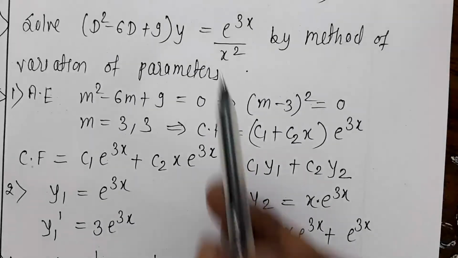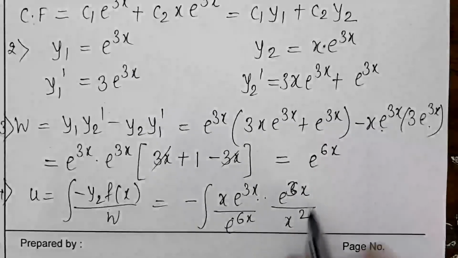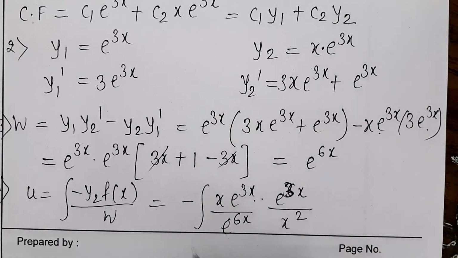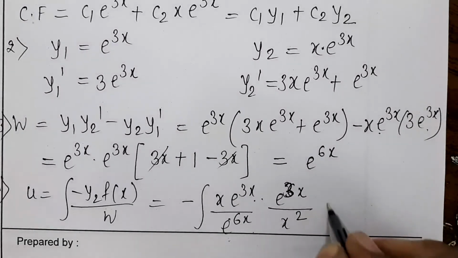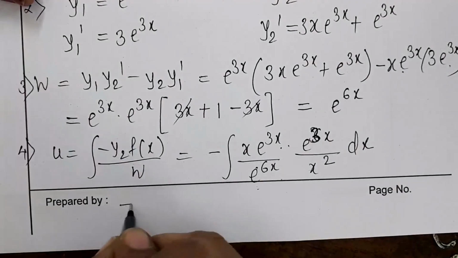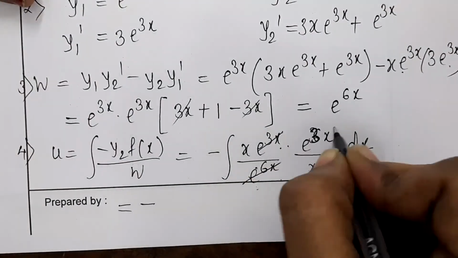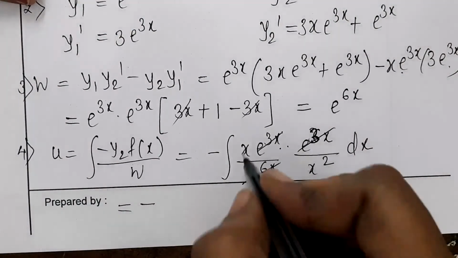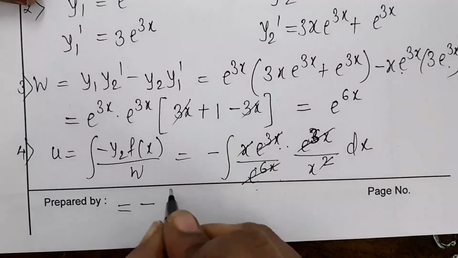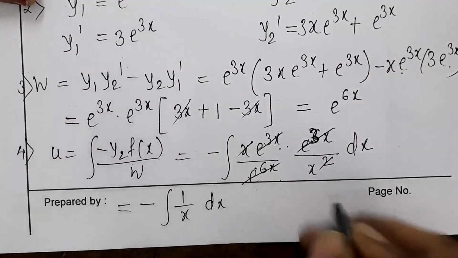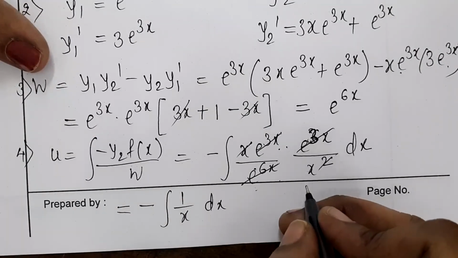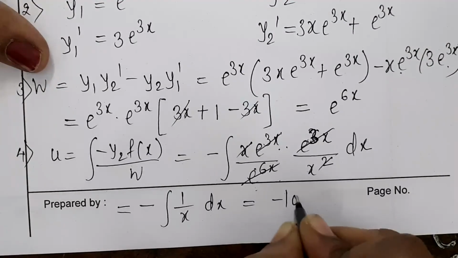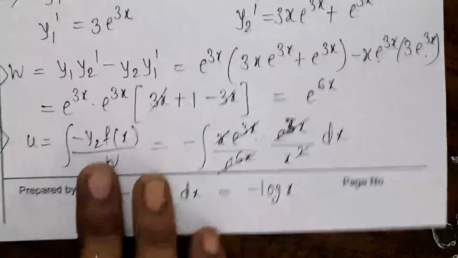Then the right hand side is e to the power 3x by x square. So f of x is e to the power 3x by x square, divided by W, which is e to the power 6x, into dx. This is equal to minus of integration, where e to the power 3x and e to the power 3x give e to the power 6x, which gets cancelled, and one x gets cancelled. Remaining is minus of integration of 1 by x dx, and integration of 1 by x dx is equal to minus of log of x.